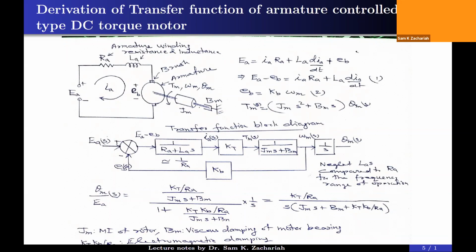Armature includes the coils. It includes the frame over which the entire structure is built. So whatever is moving about the axis together is called rotor. In a brush type motor, armature is rotating, but in a brushless motor, armature is stationary. So the term rotor is better. Moment of inertia of the rotor.